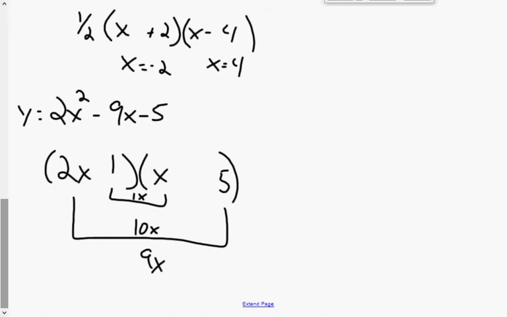If I make this, it has to be negative, so I make this one negative and this one positive. So to do that, positive 1, negative 5. And now it's almost done, but now I got to take each bracket and make it equal to 0. So 2x plus 1 equals 0. X minus 5 equals 0.